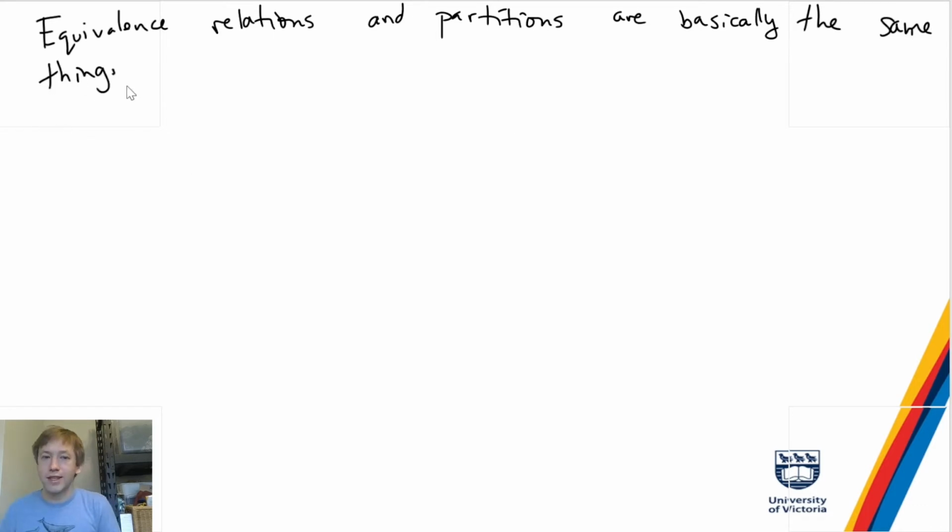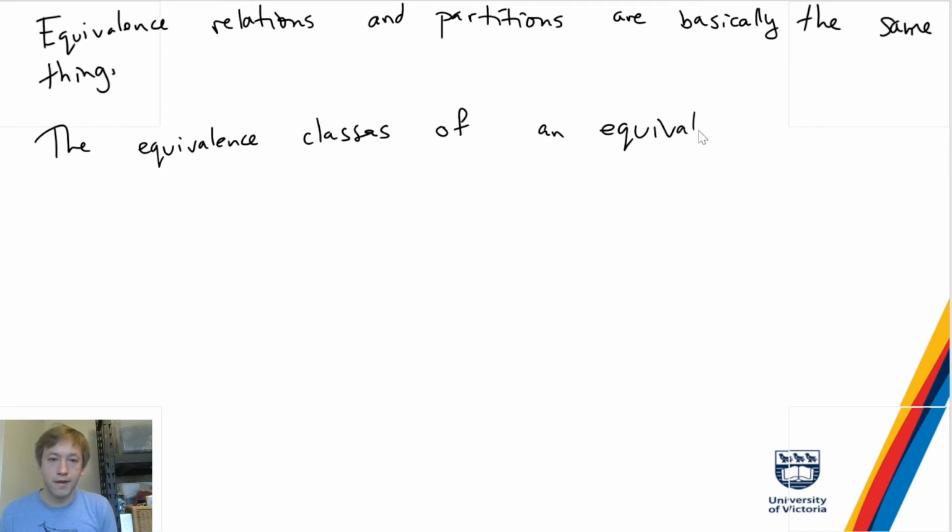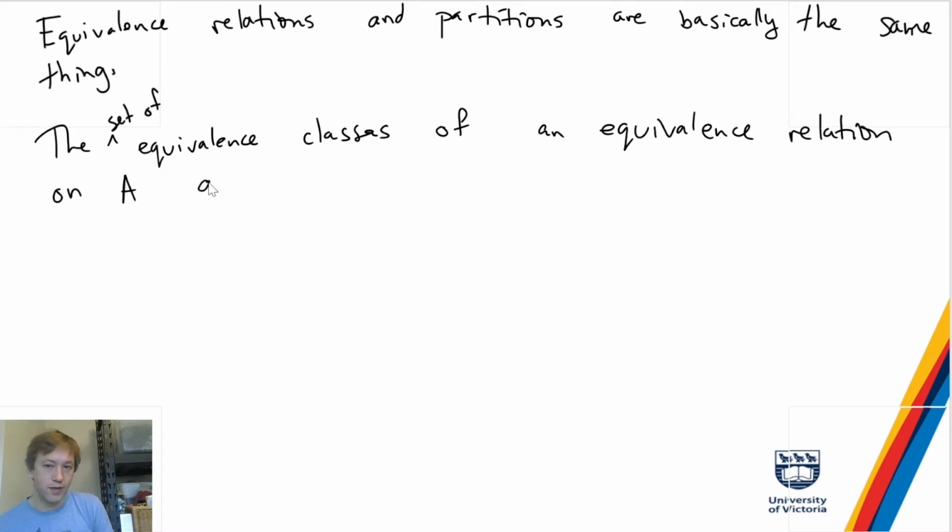What I mean by this is that if I have an equivalence relation, the equivalence classes form a partition. I should say the set of equivalence classes of an equivalence relation on A is a partition of A.